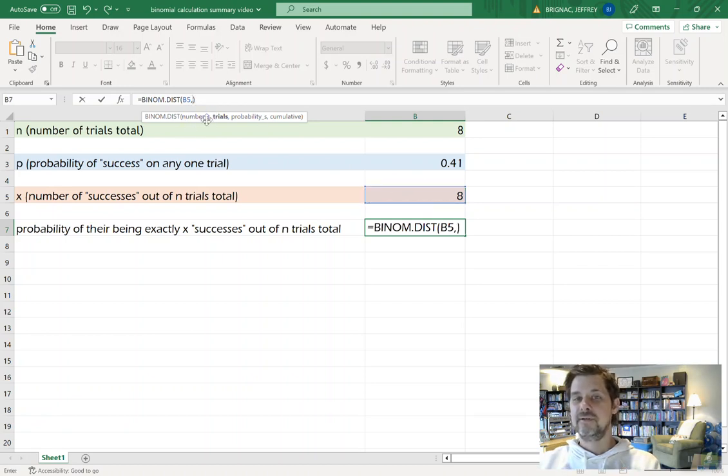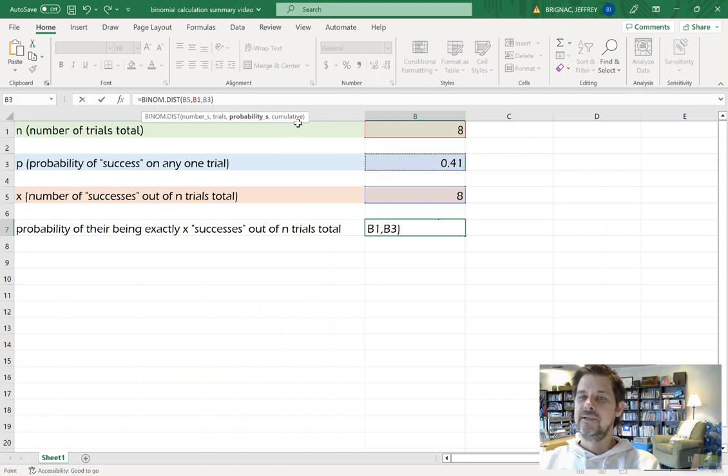So that first number is how many successes do you want to calculate the probability of there being. The next number, how many trials total are there? Okay, so I've typed a comma, and then this is the number of trials total. So that's my next one. I put a comma. The next number is what's the probability of success? Well, again, I typed that right here. It's 0.41. So I click that.